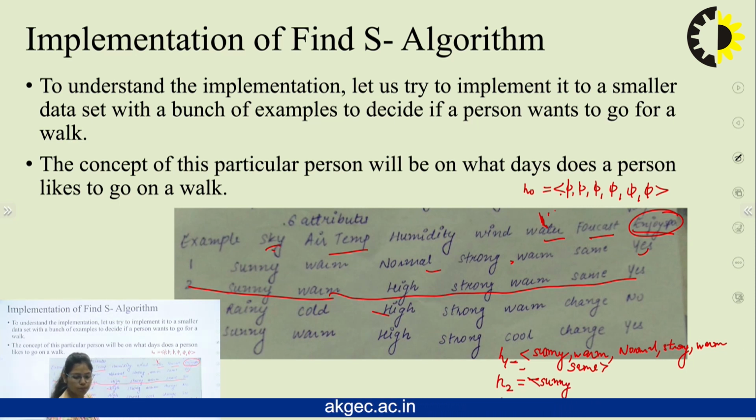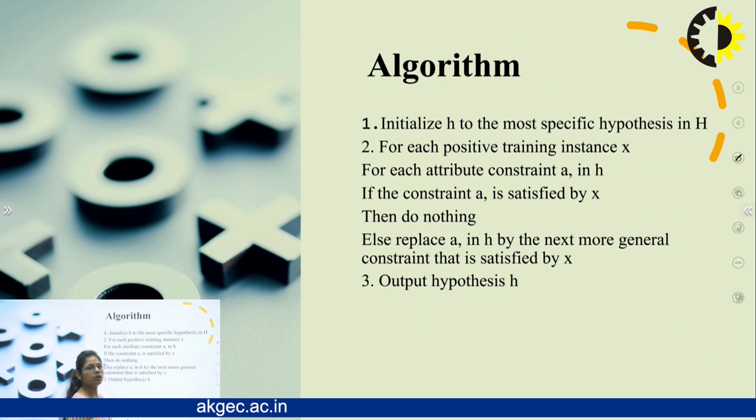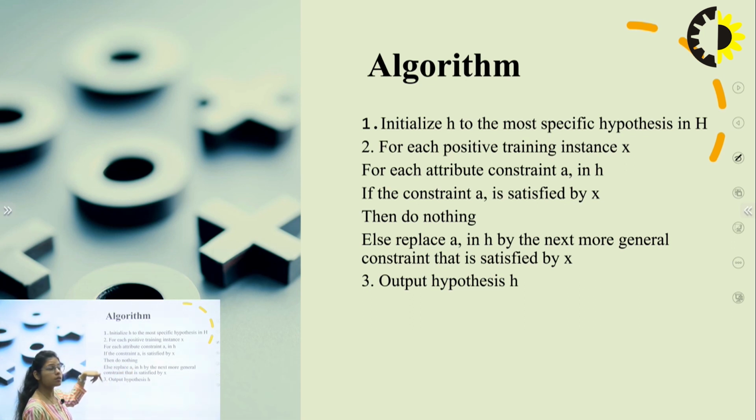Because in the previous slide, if the constraint A is satisfied by X, then do nothing. That means the hypothesis and the iteration are the same, so we don't need to do anything. Else, replace A in H by the next most general constraint that is satisfied by X.